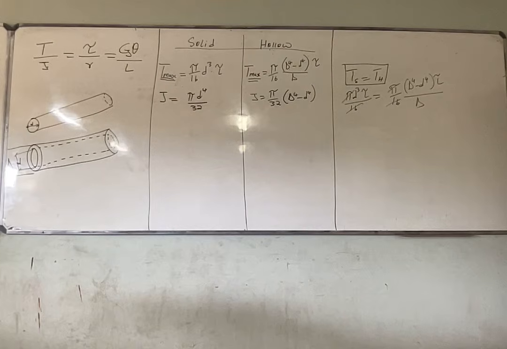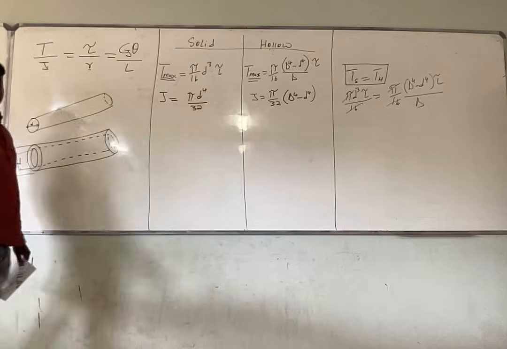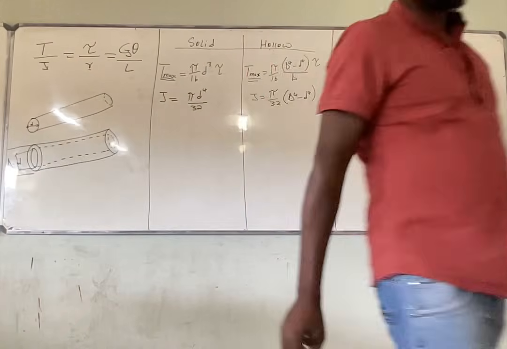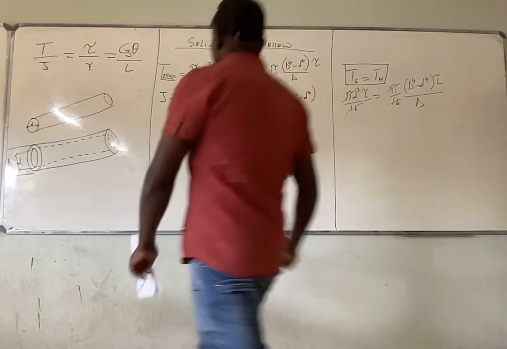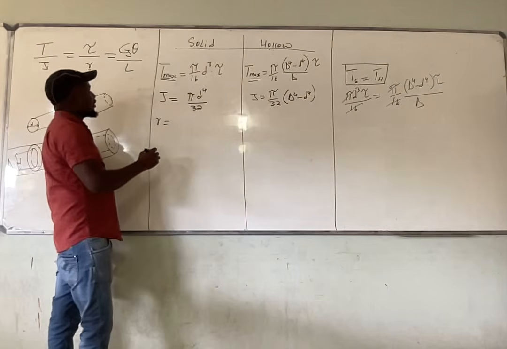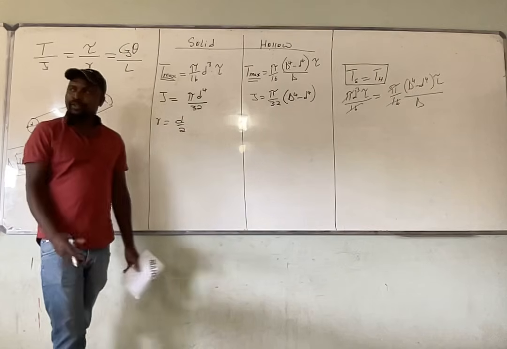So the next one is R. What is R? You don't know what R is? Answer it. For a solid shaft, how do you get R? It is D over 2.